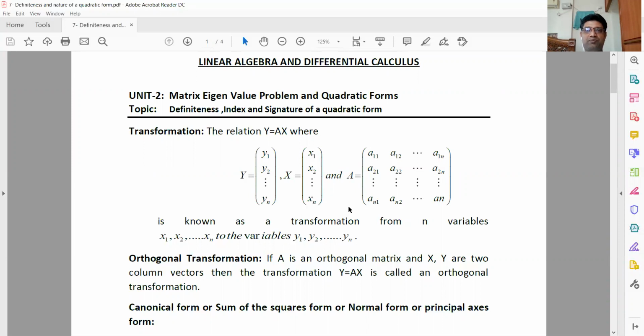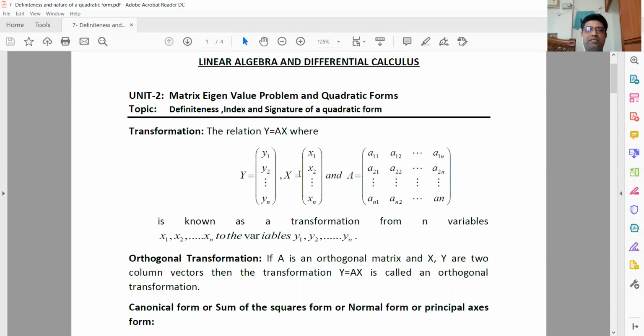So this is a transformation from n variables x1, x2 and so on xn to y1, y2 and so on yn. If you observe here y equals Ax, we are transforming x1, x2 and so on xn with the help of this A matrix to the Y matrix.